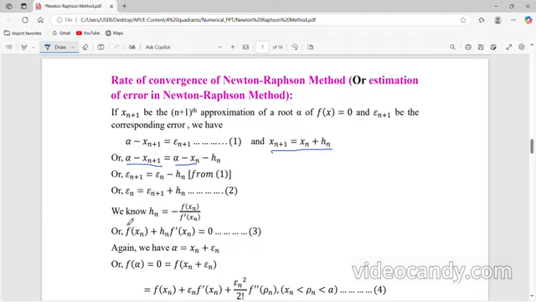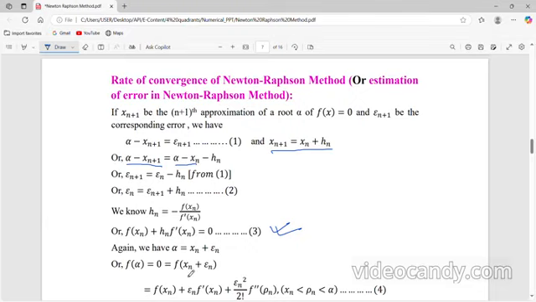We know that hn equals minus f of xn divided by f dash xn. After cross multiplying, we have f of xn plus hn f dash xn equals 0. Again we have alpha equals xn plus epsilon n. So f of alpha equals 0.